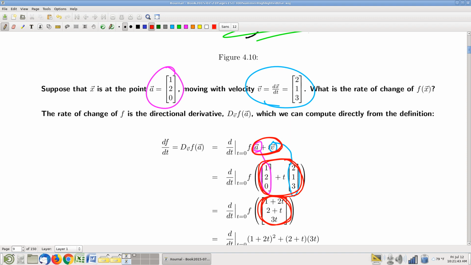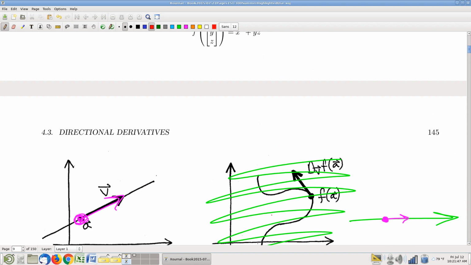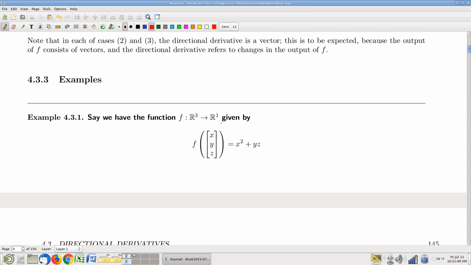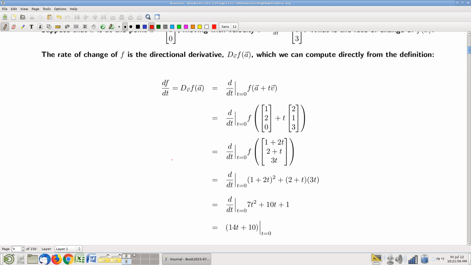Okay. All right, now we need to plug into our function. Okay, wait a second, what is our function? Here we go. Our function is x squared plus yz. That's the f that we need to plug into. x squared plus yz, coming down here. Notice x squared plus yz.